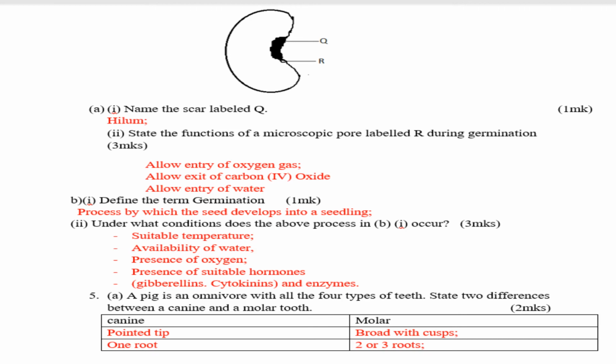Canine has a pointed tip, but molar is broad at the top, very broad. Then we have another difference. Canine has 1 root, and molar has 2 to 3 roots.